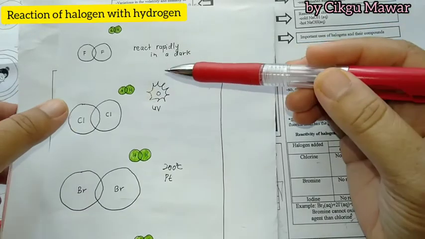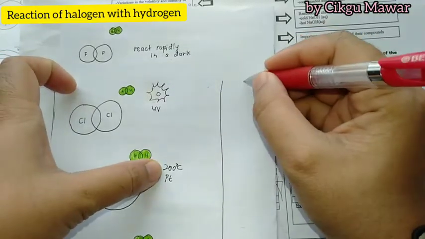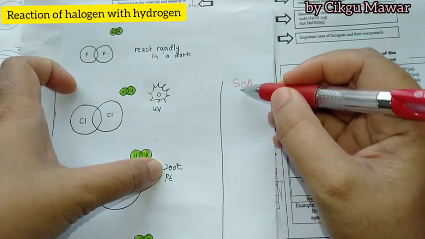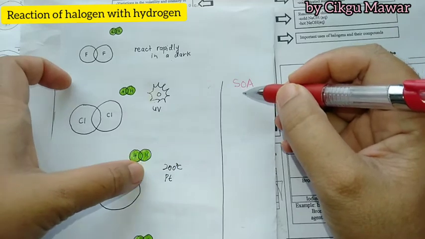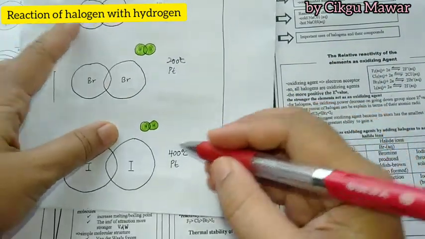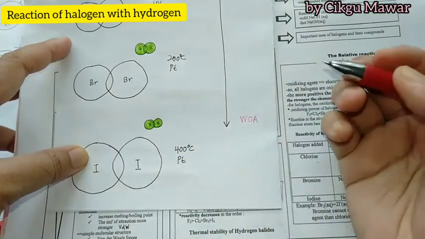This also shows how fluorine acts as a stronger oxidizing agent, and it decreases when going down the group, so iodine is a weak oxidizing agent.